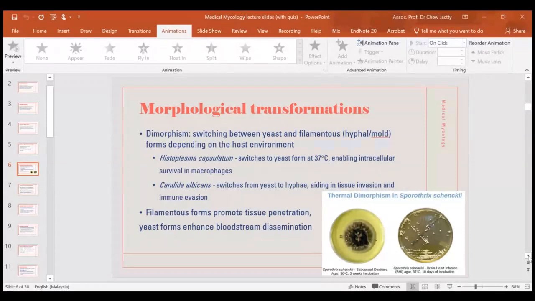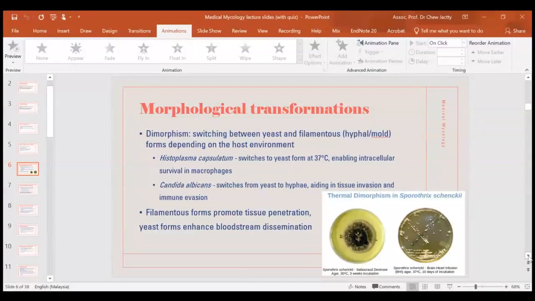As for Candida, they can switch from yeast to hyphae structures. Candida albicans is a unique Candida species that we discussed briefly last week. It is the only Candida species that can grow as mold structures by producing hyphae. The hyphal structures help Candida albicans to invade tissues and also evade the immune responses.